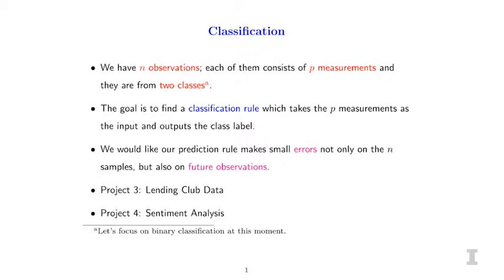For example, in project 3, we're going to analyze the lending club data, and the p measurements would be various features about the loan or the borrower, and you aim to predict whether a loan was in default or paid off. In sentiment analysis, which is your project 4, the p measurements would be various features about a movie review, and you aim to predict whether the movie review is positive or negative. Again, there are two classes you aim to predict.